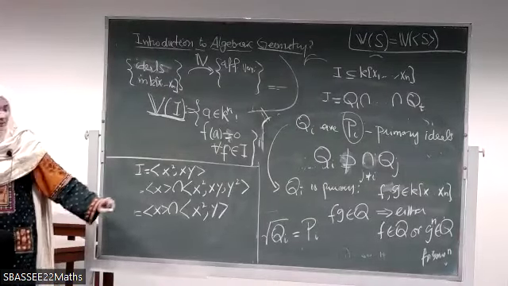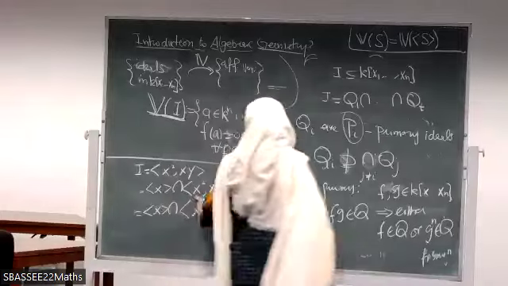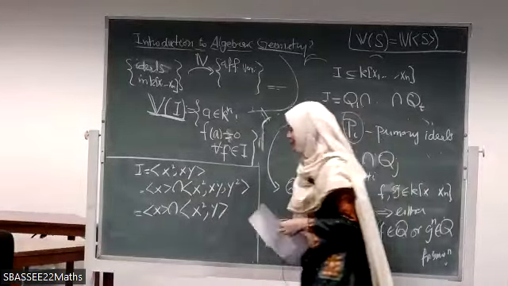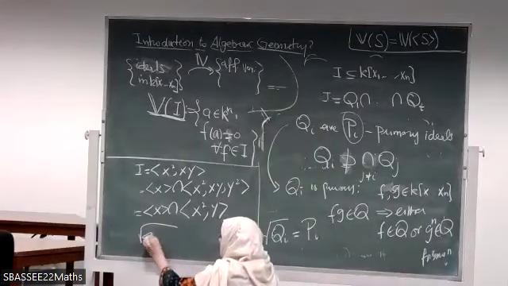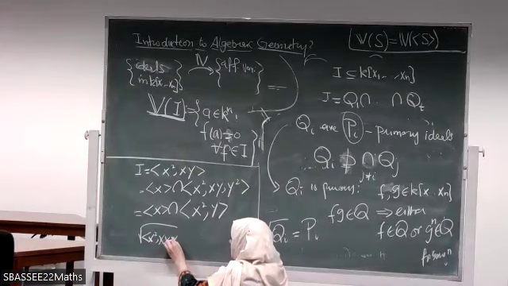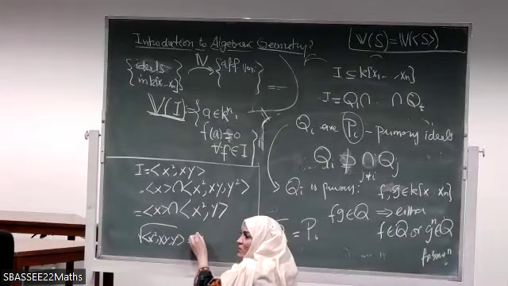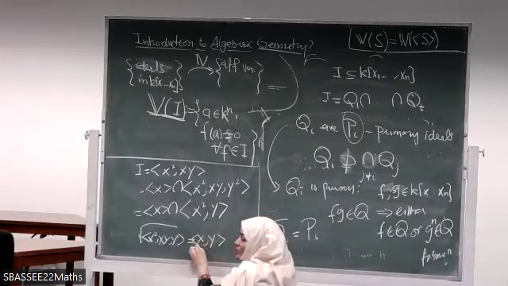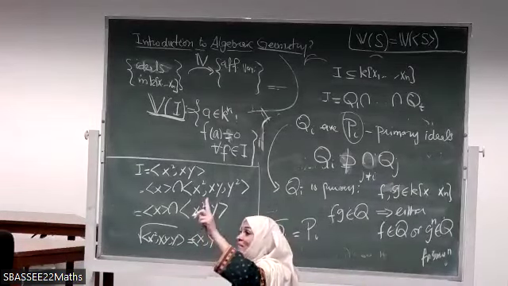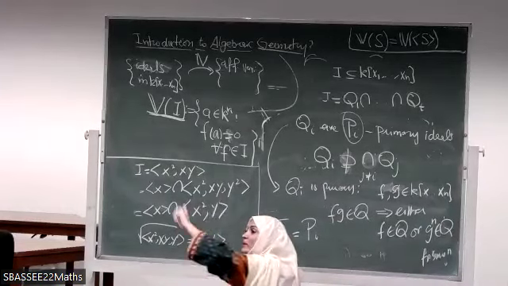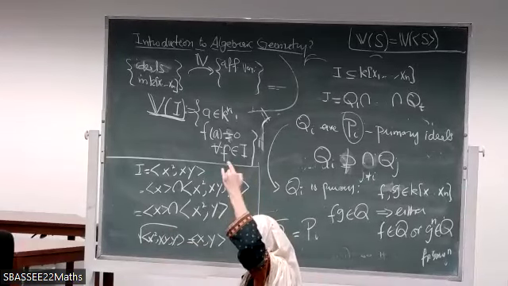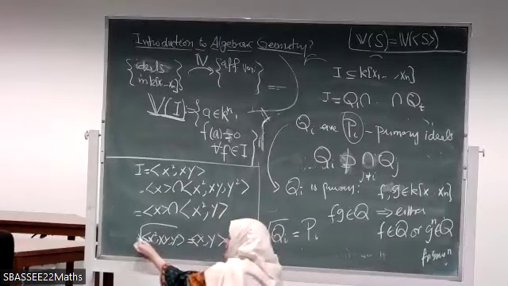These are primary, but not prime ideals. If you look at the radical of this one, it is just x1, which is a prime ideal, and the same is true for this case. So my uniqueness means that these ideals can be different, but the corresponding prime ideals are unique. In both cases, you can see that this is true.